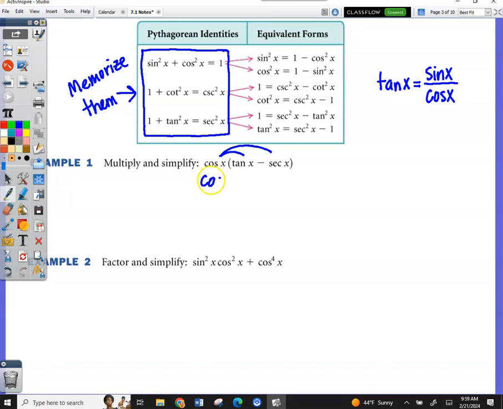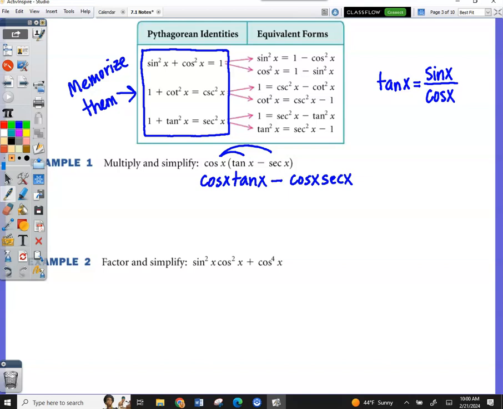So cosine x tan x would be my first term minus cosine x secant x. Remember, terms are separated by plus and minus signs. So I have two terms here, right? The directions say simplify. Here we go.